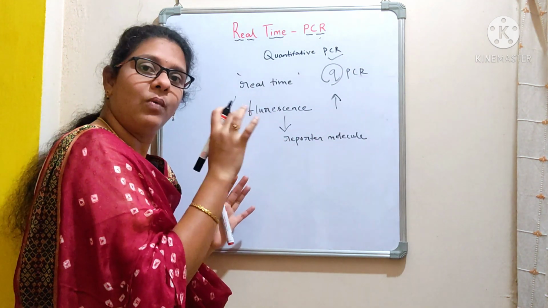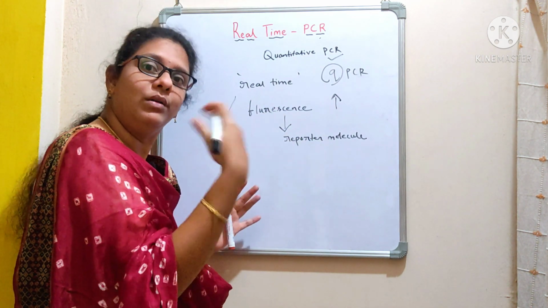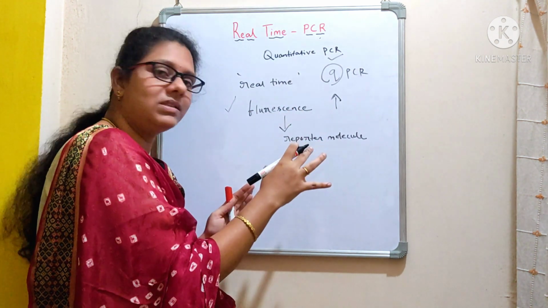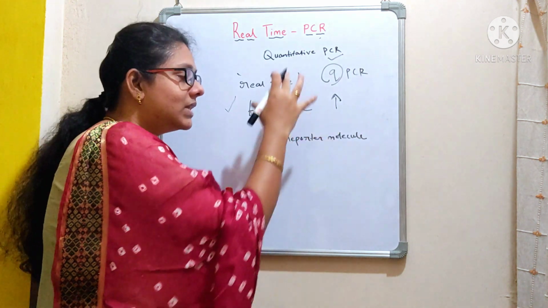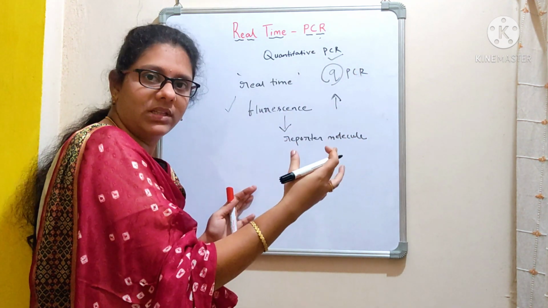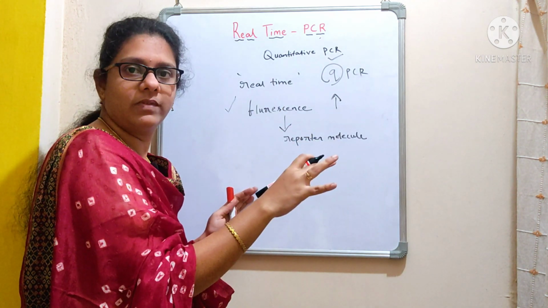So what happens in the step of extension? We make a new copy of DNA, right? We achieve the synthesis of DNA under in vitro conditions. With the help of this PCR method, we amplify the gene. Amplifying in the sense that we make multiple copies of the gene, right?